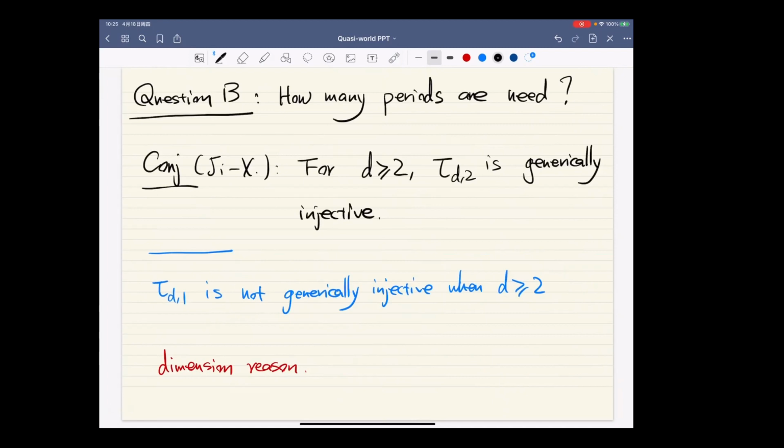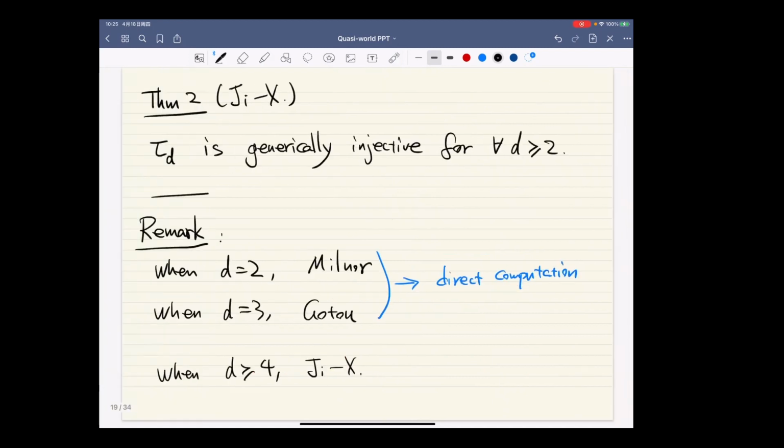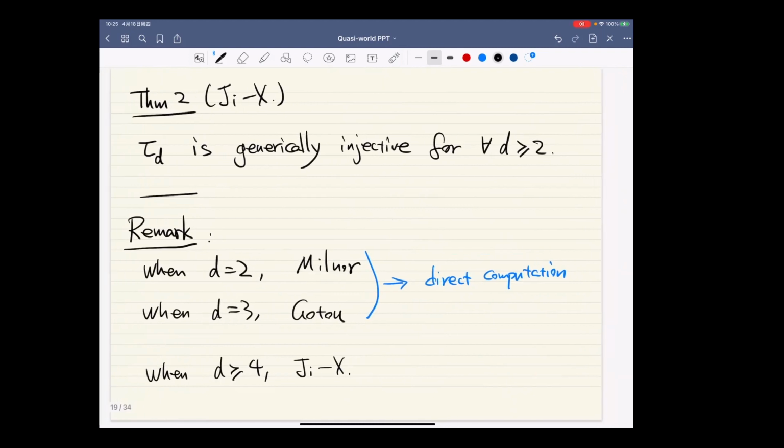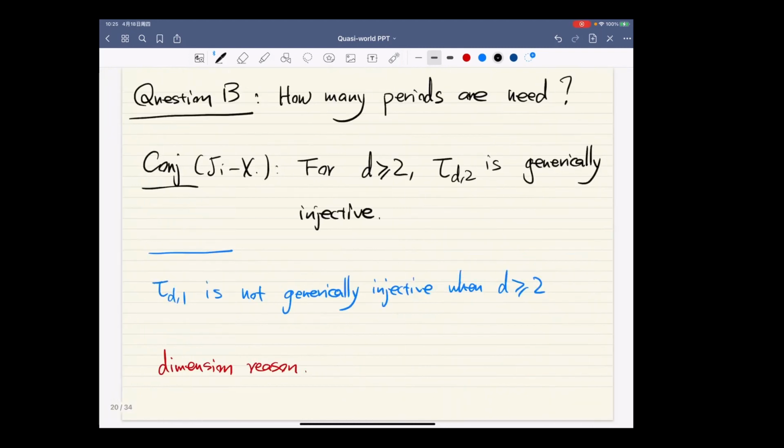Okay. Before the proof of theorem 2, I want to first propose some questions. So, in theorem 2, we basically use the whole multiplier spectrum. So it used the periodic points of every period.